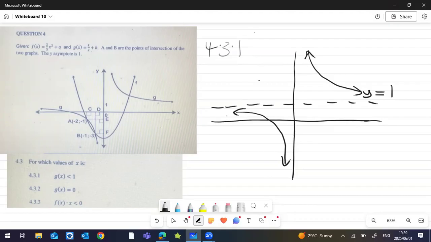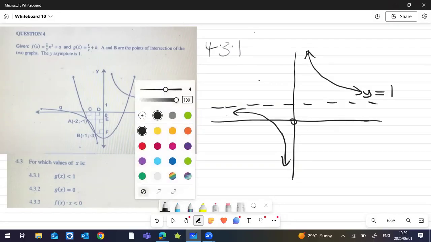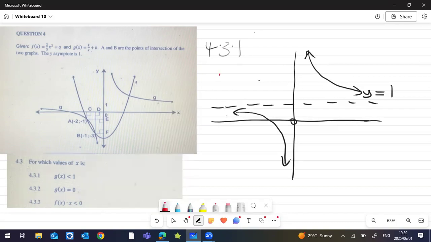Now, if you look at this graph, we want to know where the hyperbola is less than 1. Where do you see this graph to be less than 1? Let me use a color so that you can see where the hyperbola is less than 1. You can clearly see here between minus infinity and 0, the hyperbola is less than 1.